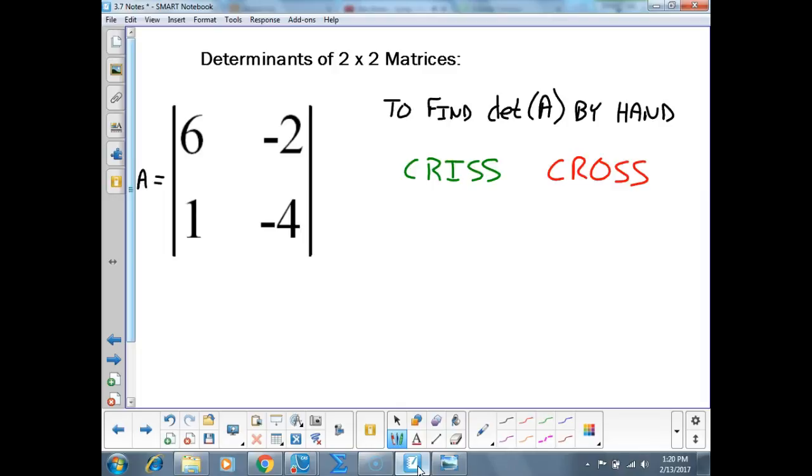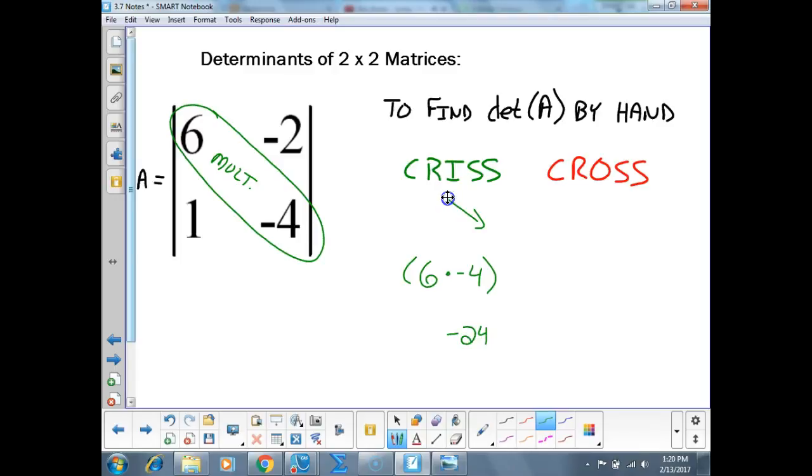So, Chris is going this way. We take these two numbers and we multiply them. So 6 times negative 4, which is negative 24.